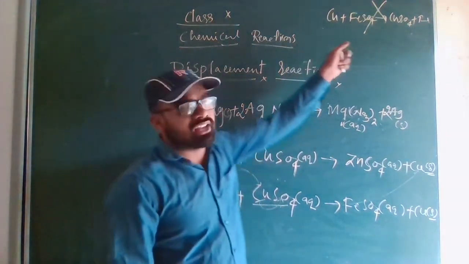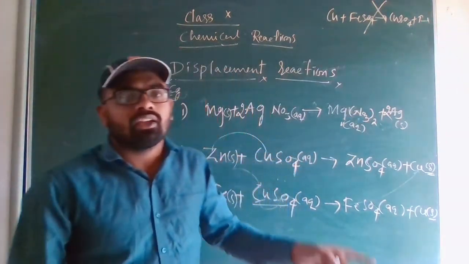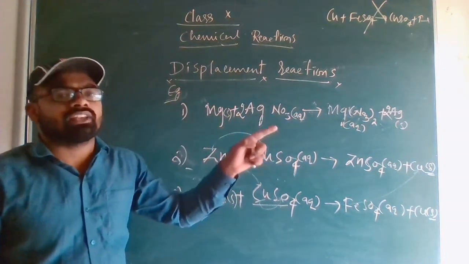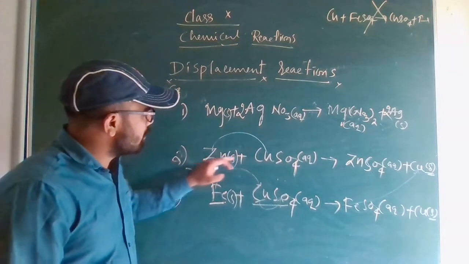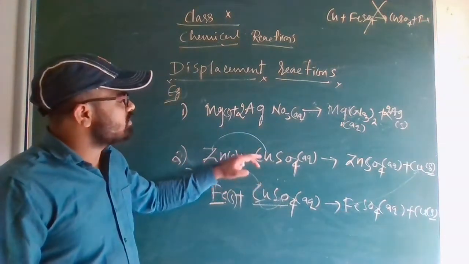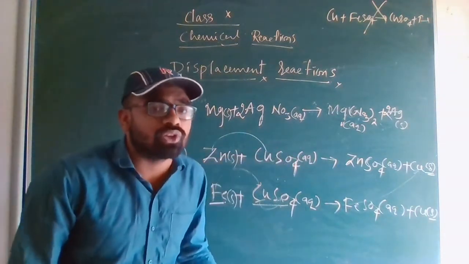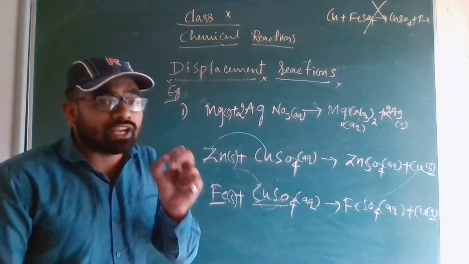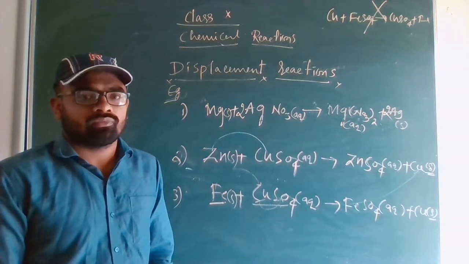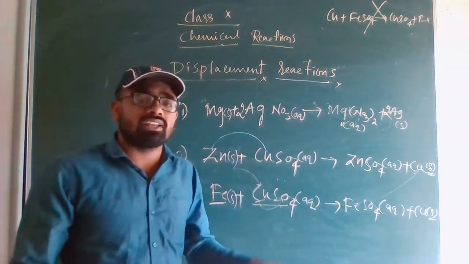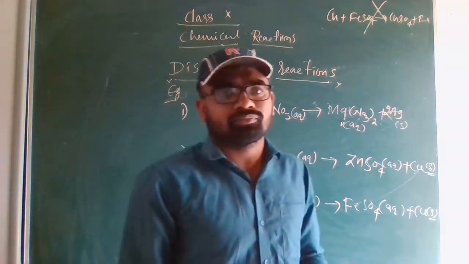Since copper is less reactive than iron, copper cannot displace iron from its sulfate solution. Same thing can be applied here. Cu plus ZnSO4 will not give me CuSO4. Copper cannot displace zinc from its solution. Why? Because copper is less reactive than zinc.